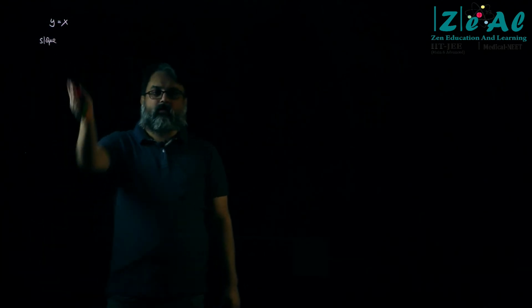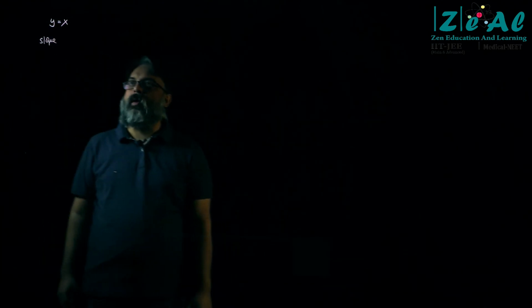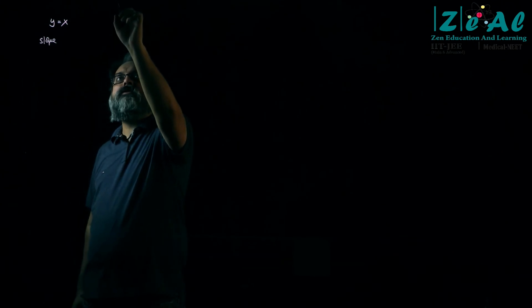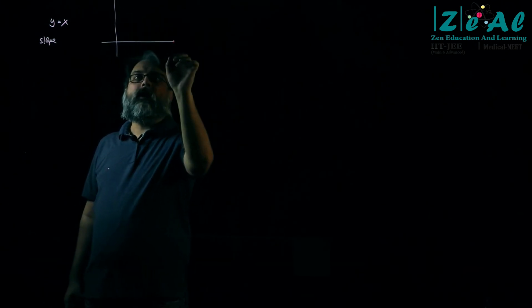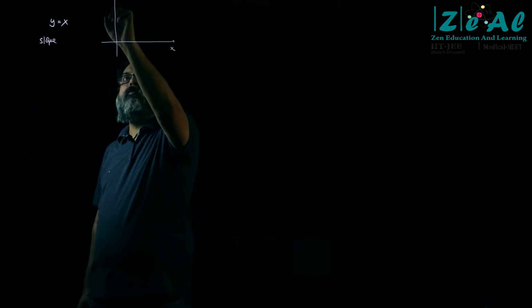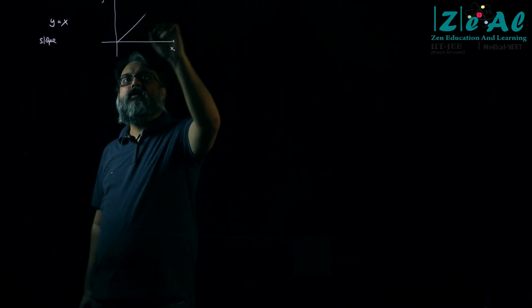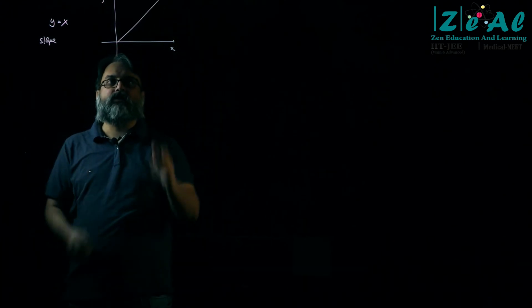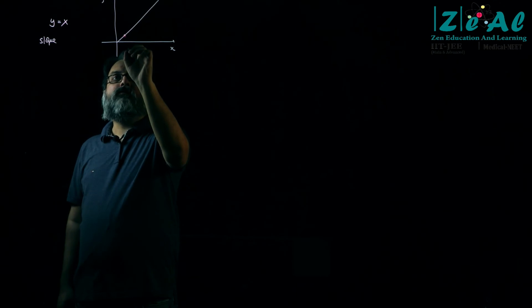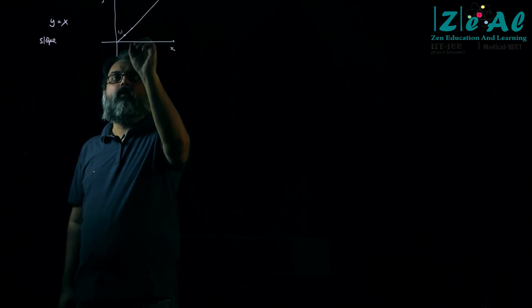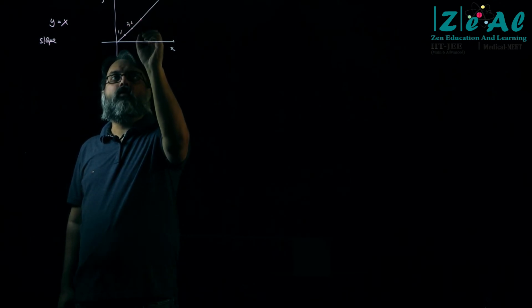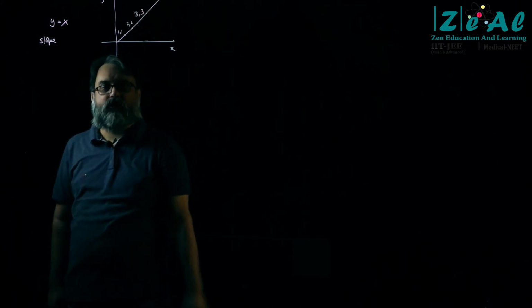Well, I don't need to apply any formula here because y is equal to x would be a straight line, and I can find very easily the slope of this straight line because I know the coordinates of all the points on the straight line. The coordinates of this point is 1, 1, coordinate of this point is 2, 2, coordinate of this point is 3, 3, right?